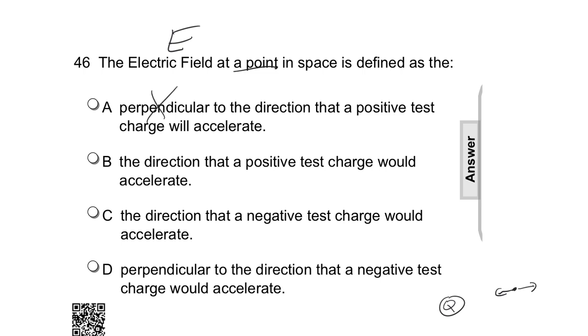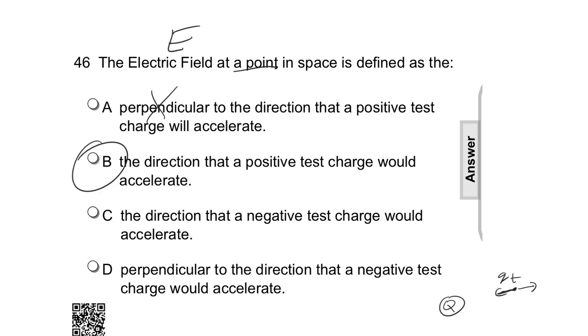Direction that a positive test charge would accelerate. So remember, the test charge always is positive. And if you release it, it's going to either accelerate away from the field charge or directly towards the field charge. Directly away or directly towards.